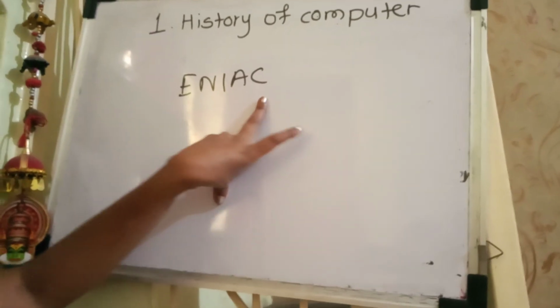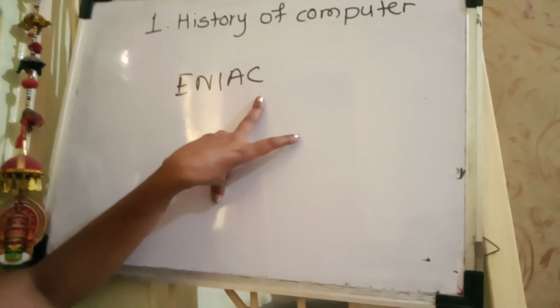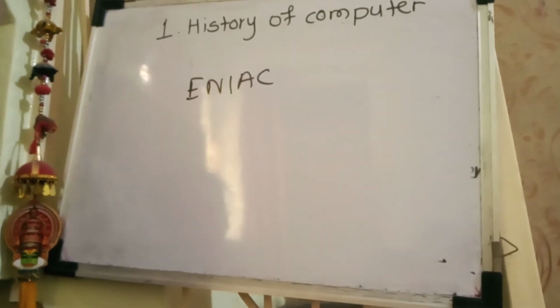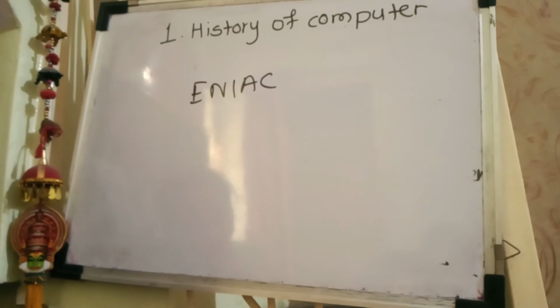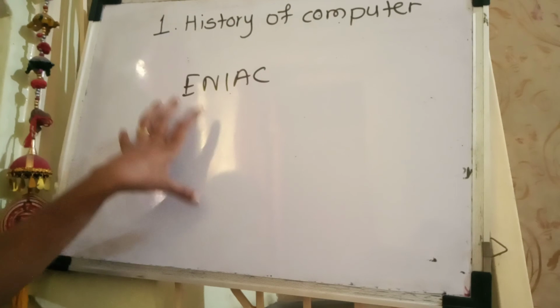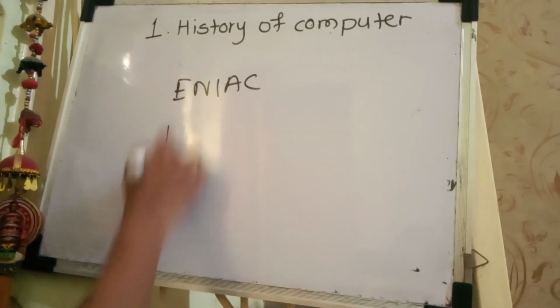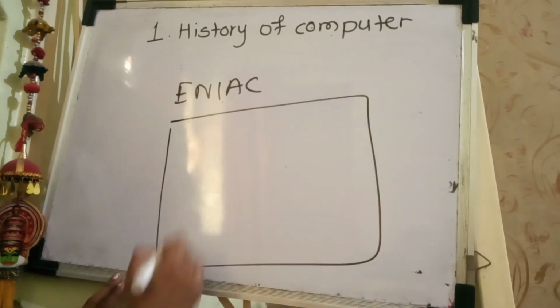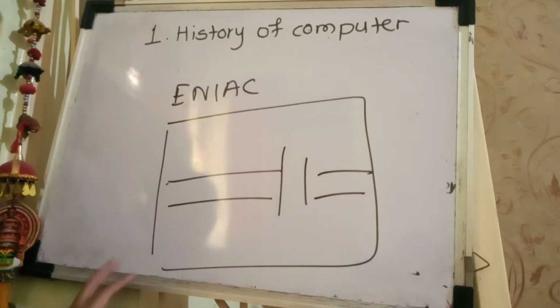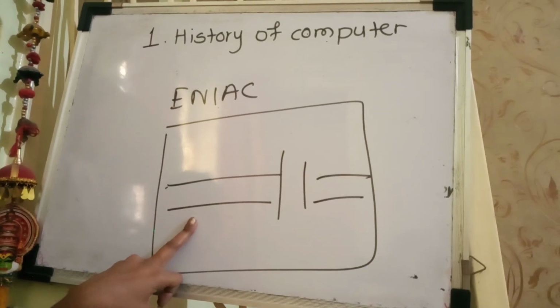It was the first electronic computer, developed by J. Eckert and J. Mauchly in 1946. This ENIAC was big, and it required a big room to fit. Like this, in a big room, this ENIAC was fitted. It even generated a lot of heat.